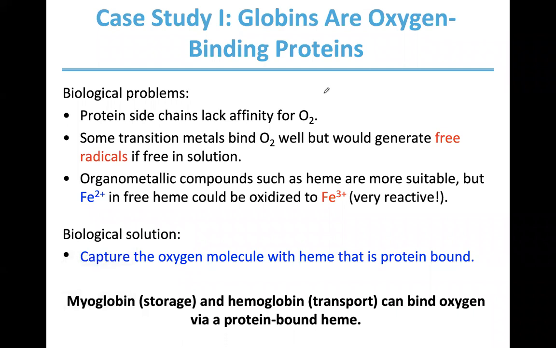Remember, if I ask you to draw the Lewis dot structure of oxygen from general chemistry.